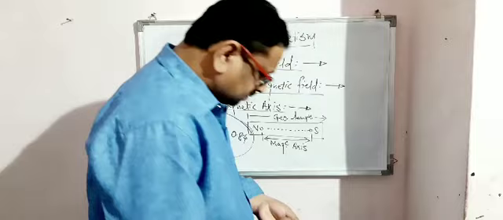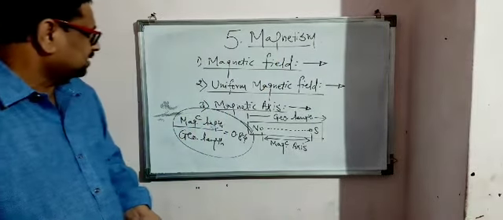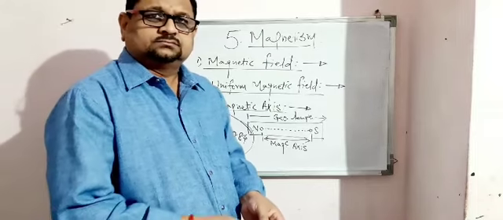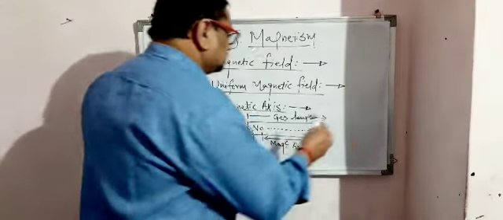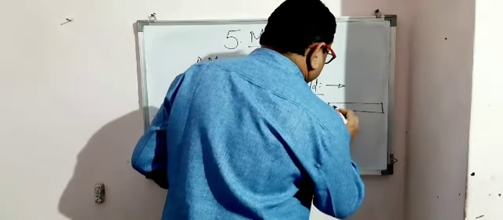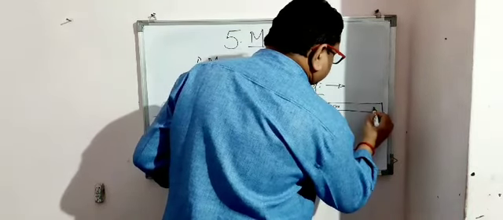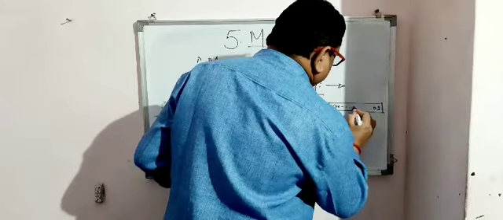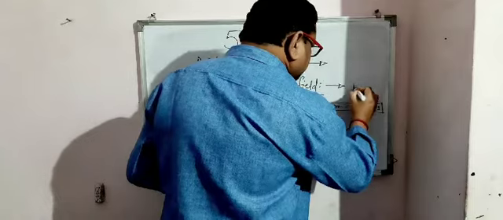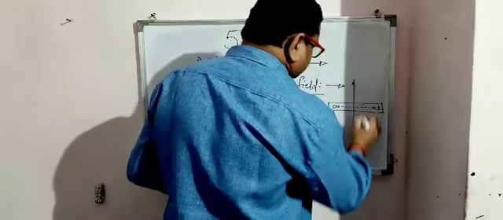Magnetic equator. What can you say about the magnetic equator? Next definition. See here. This is north. Of course, this is south. This is the magnetic axis, and this line is perpendicular.